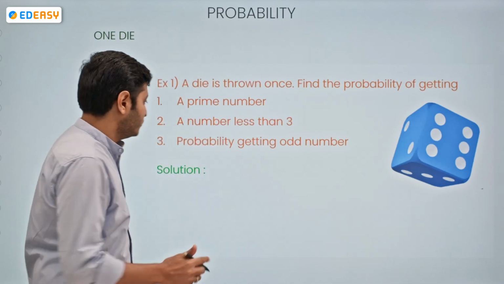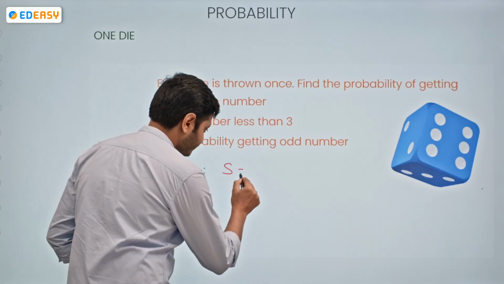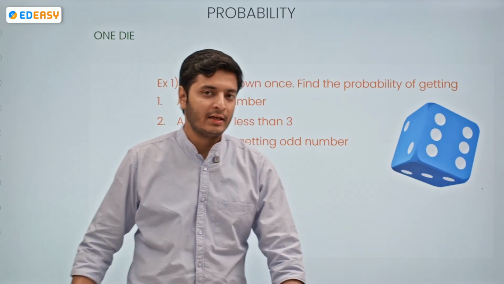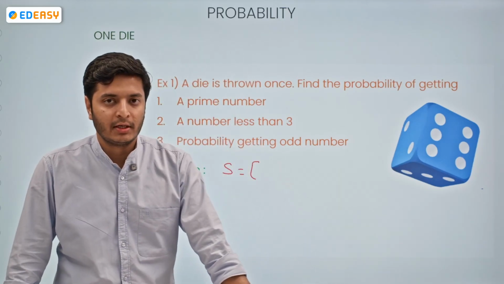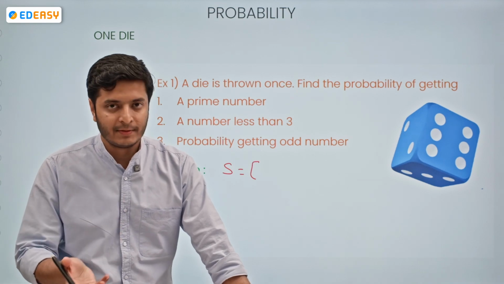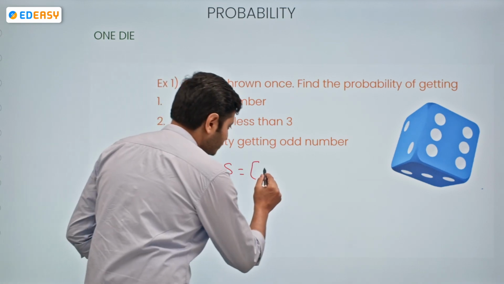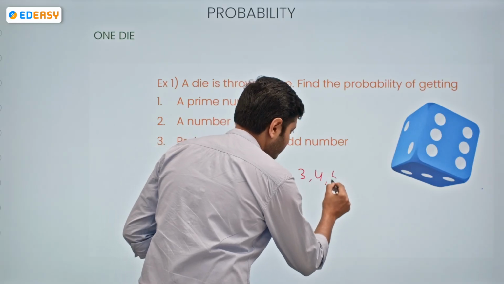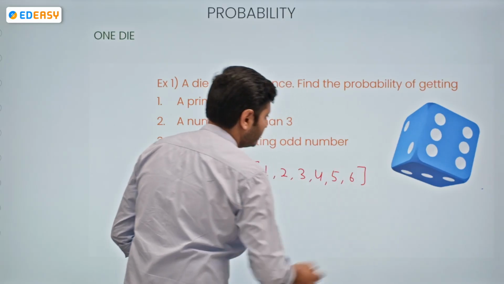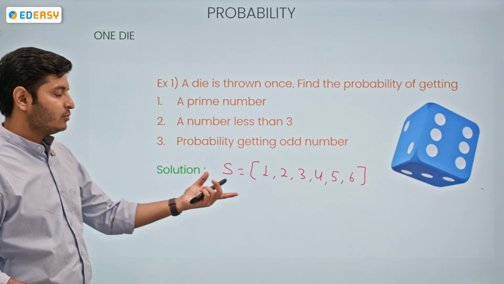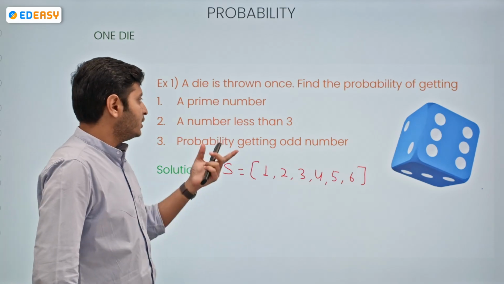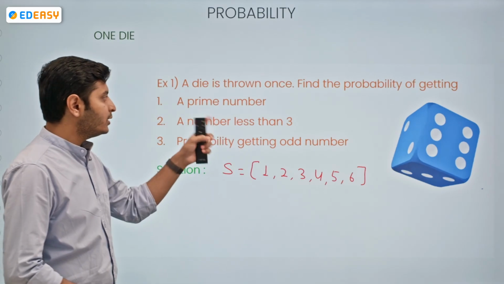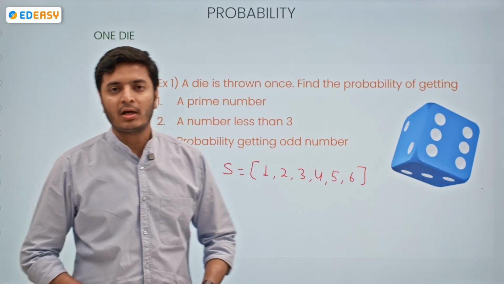So what is the sample space here? How many numbers can there be when you roll a die? How many faces are there? 6 faces, correct? So the numbers are 1, 2, 3, 4, 5, 6. Easy to remember, 1 to 6. Now, in the first part, the examiner is asking us the probability of getting a prime number. What are prime numbers?